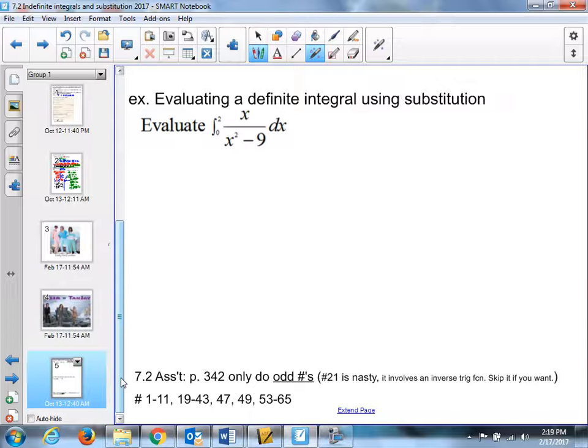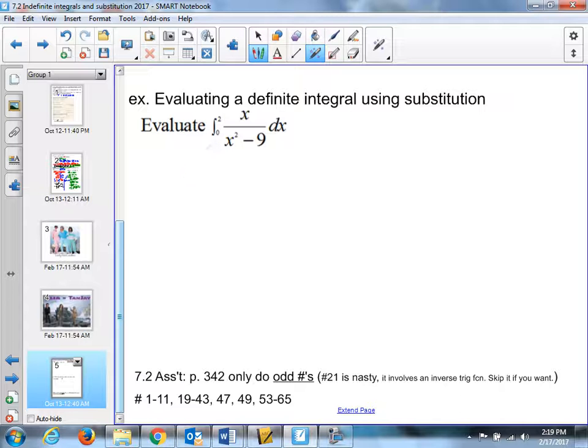I didn't want you girls thinking that I'd forgotten. So, away we go. Just treat this like the other substitutions, but this is a new thing here. The 0 to 2, we'll keep this in mind. What is the inside function if you think of this one?